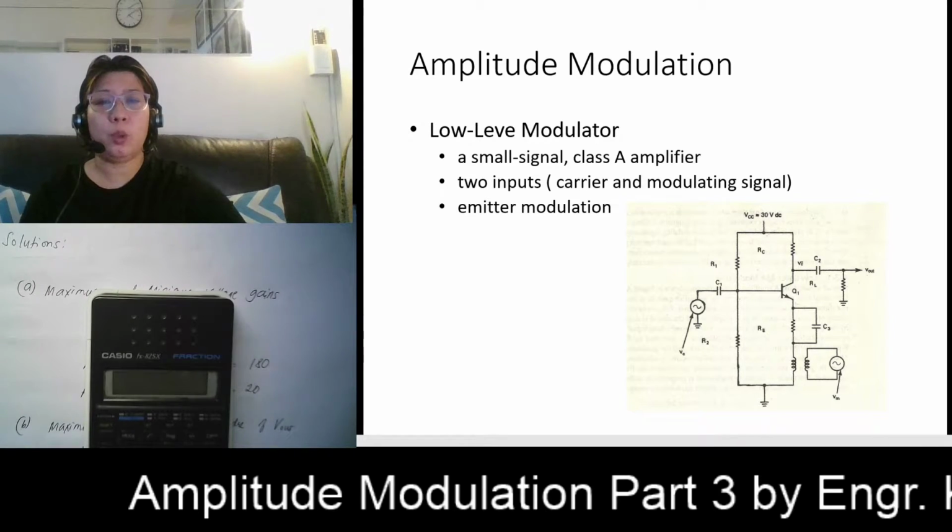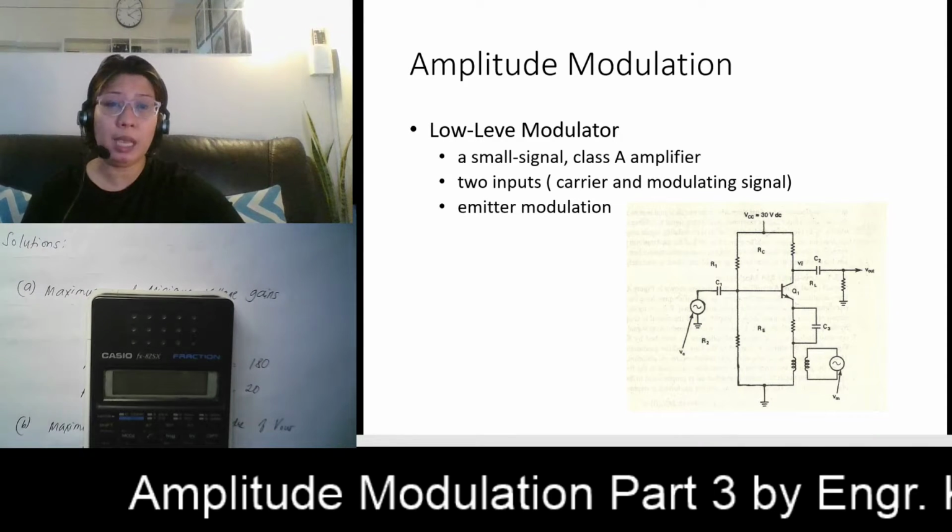When we have the input, we have the output, and the output here is your carrier signal amplified by your quiescent voltage gain.